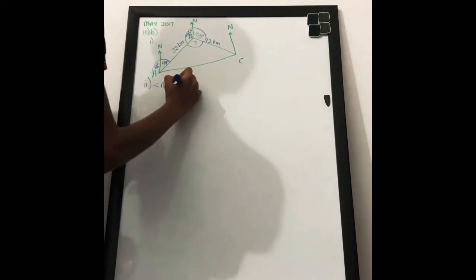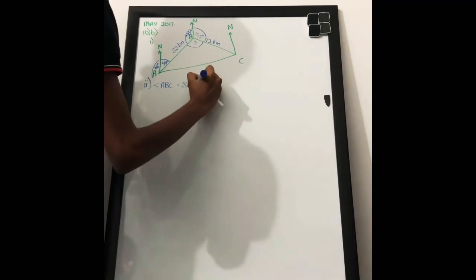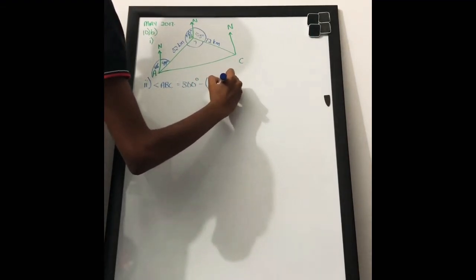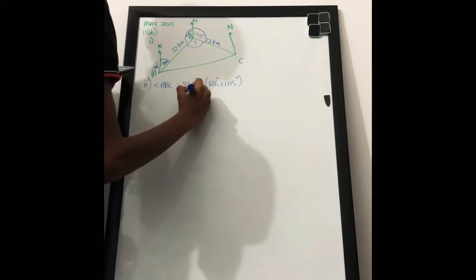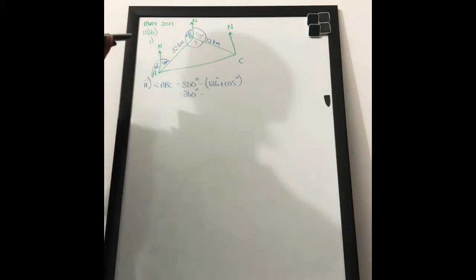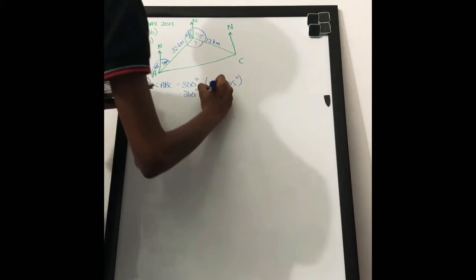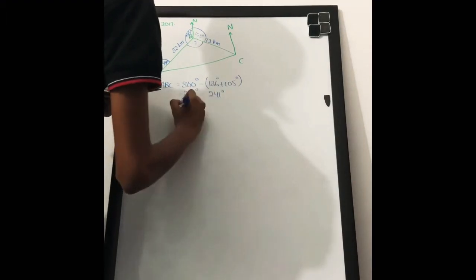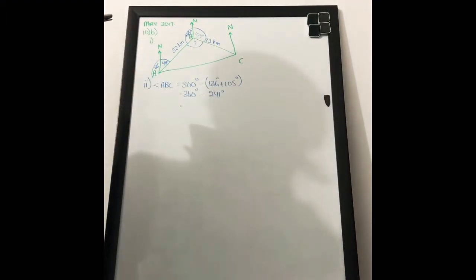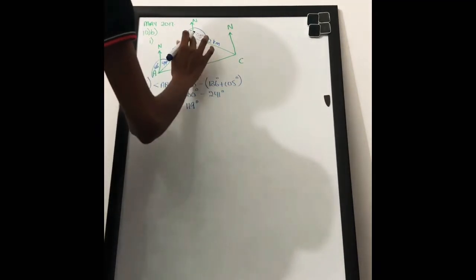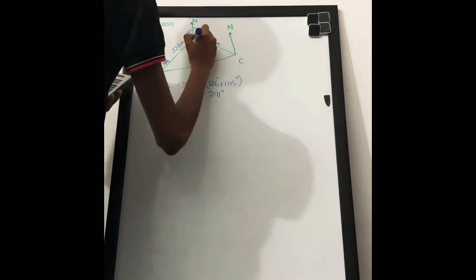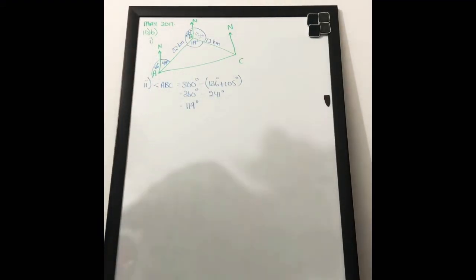And to find that angle would be 360 minus 136 plus 105. 136 plus 105, we get 241. And then we minus that, we get 119 degrees. So this angle here is 119 degrees. Good. That alone was 2 marks.